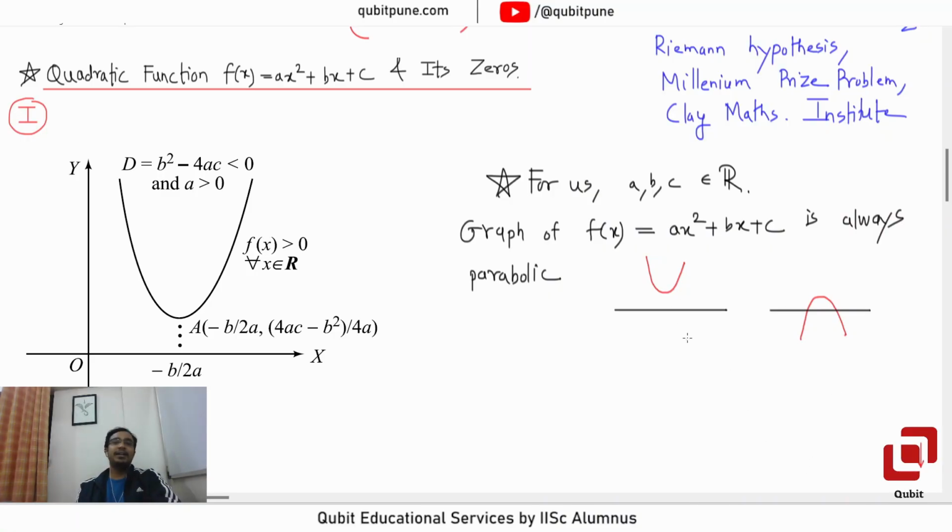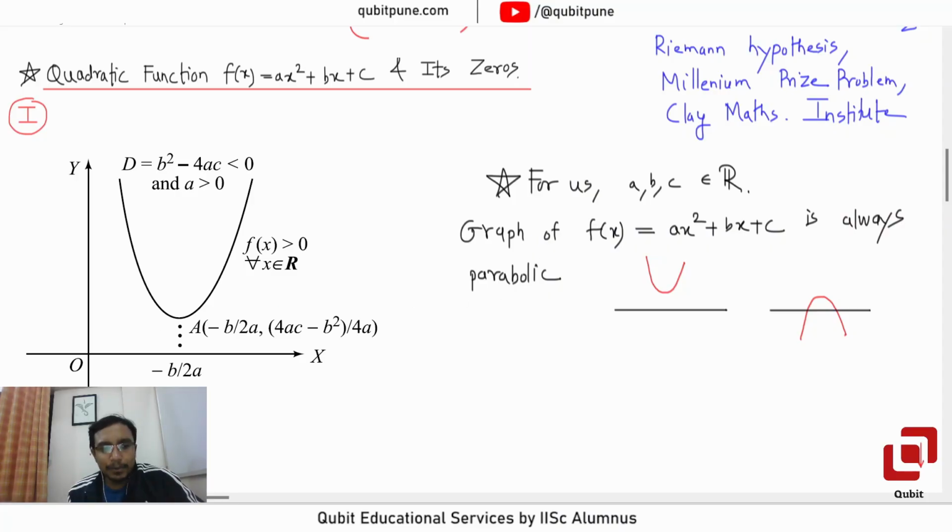If it touches the x-axis, it will have equal roots. If it intersects the x-axis at 2 distinct points, we say it has distinct or unequal roots. And if it doesn't, then we say that the graph has imaginary roots, or rather we must say zeros.